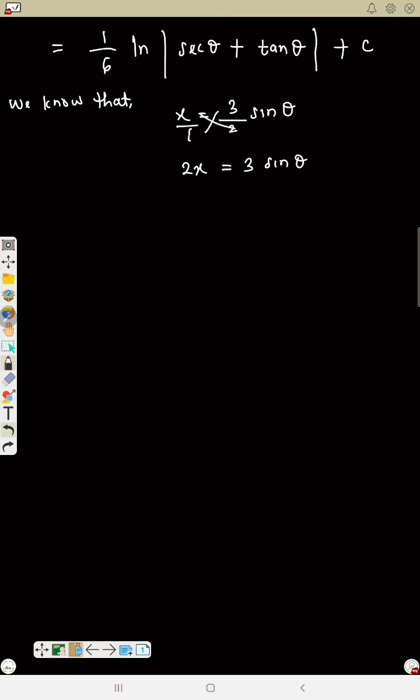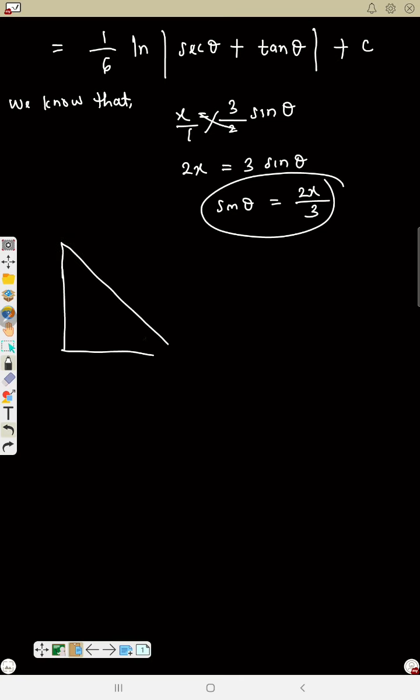What is sine theta? Sine theta is equals to 2x divided by 3. Now from here, you will transform it to a right angle triangle.